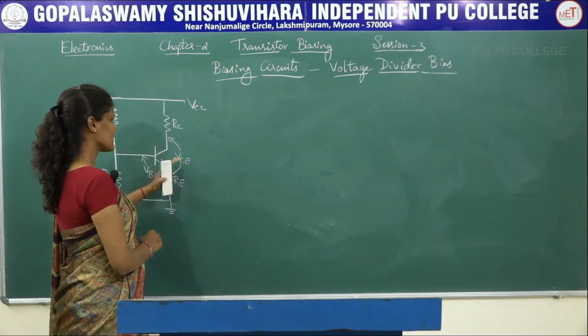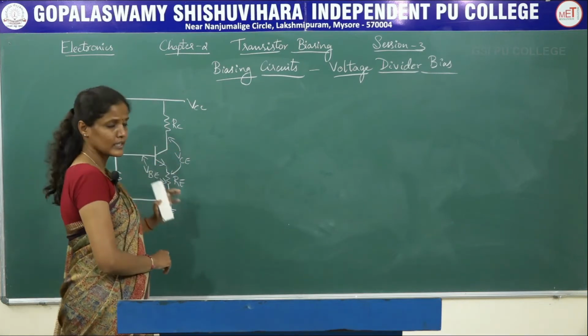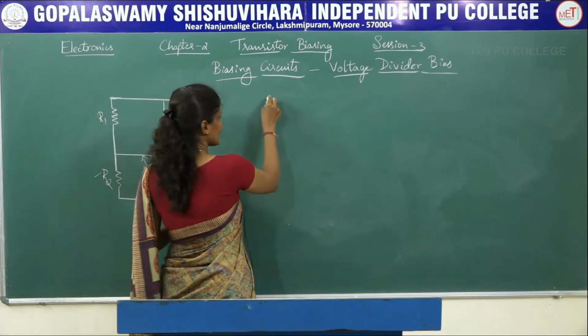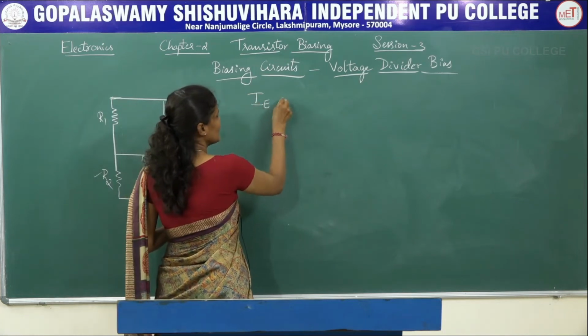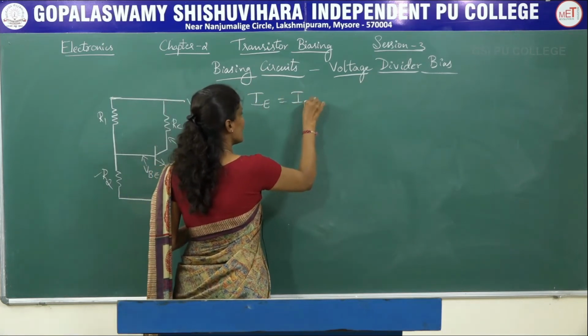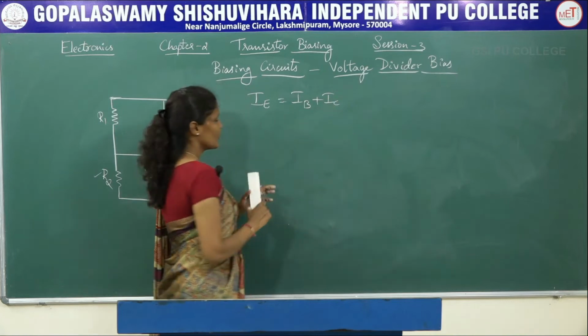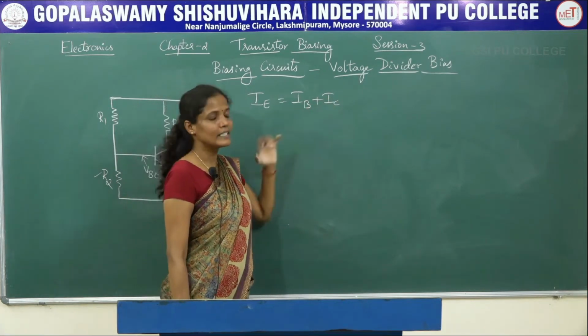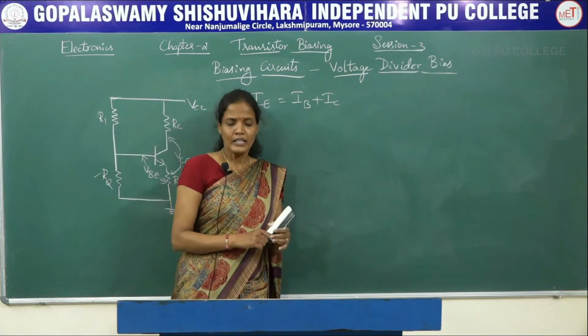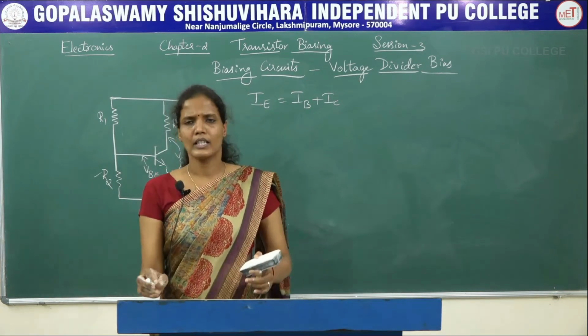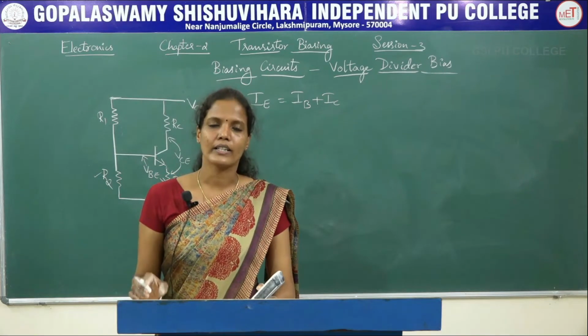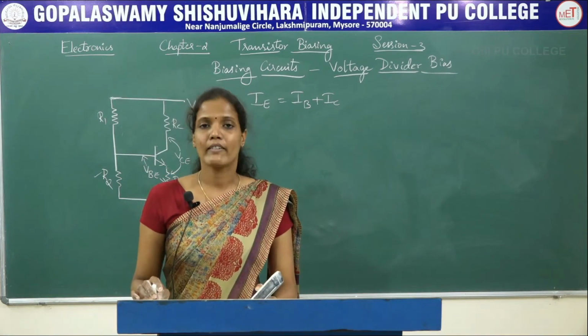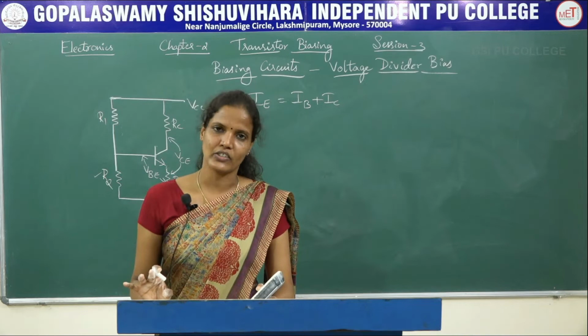And coming to this transistor, that is the NPN transistor basics, we know that IE will be equal to IB plus IC, where IE is the emitter current, IB the base current, IC the collector current. Since the emitter region is heavily doped, there will be more free charge carriers.